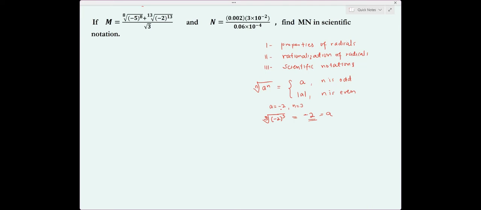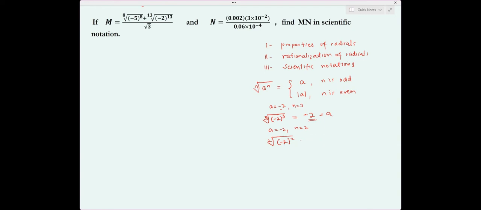But if we maintain the same a and we change n, the index, to be 2, you will see that now we have the square root of minus 2 to the power 2. Now, what will the answer be? We cannot say the answer is minus 2, because if we say the 2 cancels the square root and you have minus 2, this is definitely wrong.